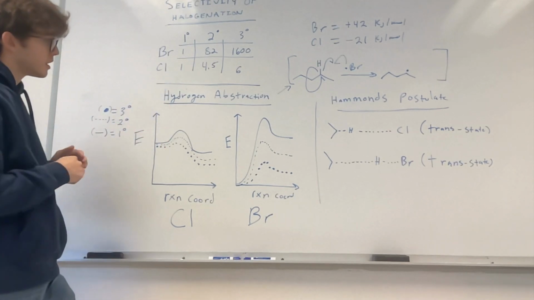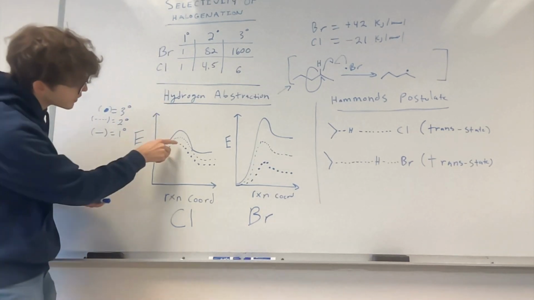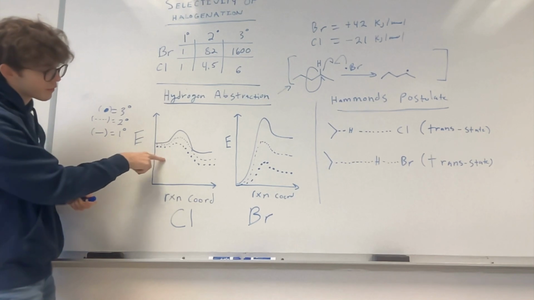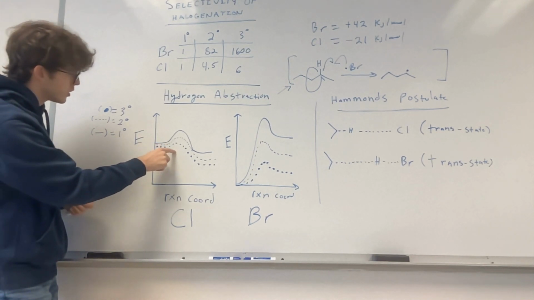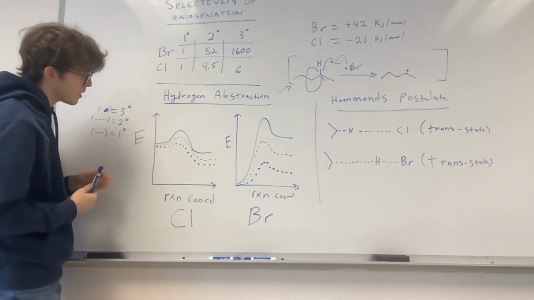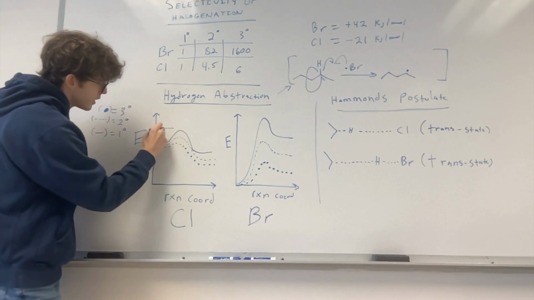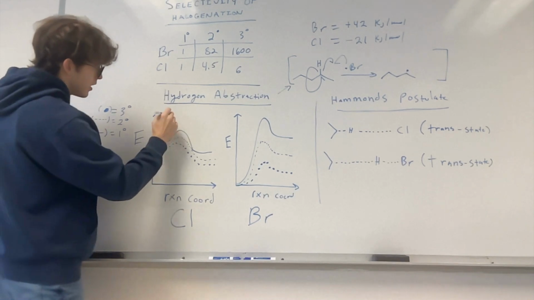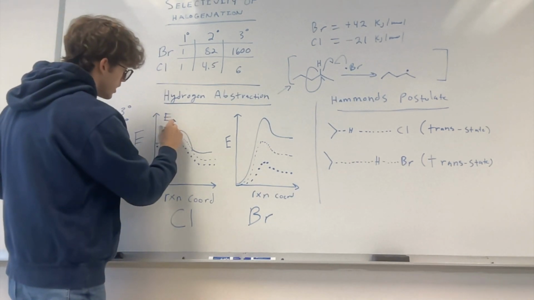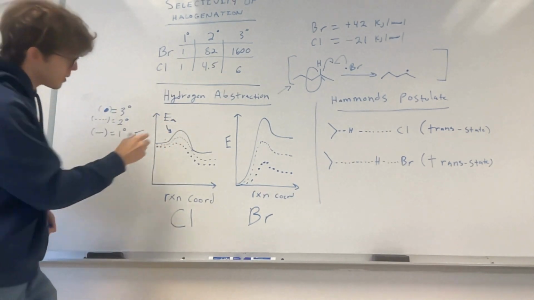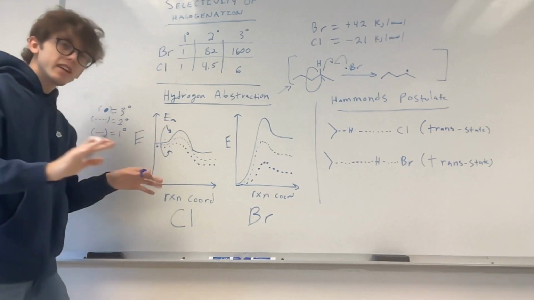But notice something different. Look at the difference of energies between these. Chlorine, for example, from a tertiary to a secondary to a primary, the difference in activation energy, I'll just say EA, for these ones compared to this one is kind of light.